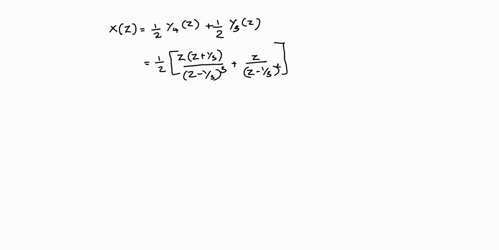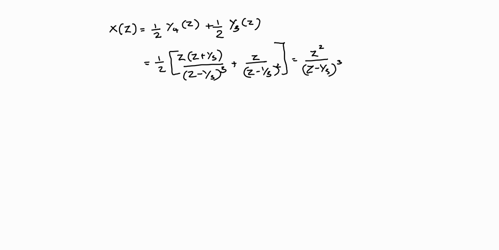If you combine all this, you will get 1 by 2 as common, then remaining you can write z into z plus 1 by 3 divided by z minus 1 by 3 the whole cube plus z by z minus 1 by 3 the whole square, which is equal to z square by z minus 1 by 3 the whole cube.